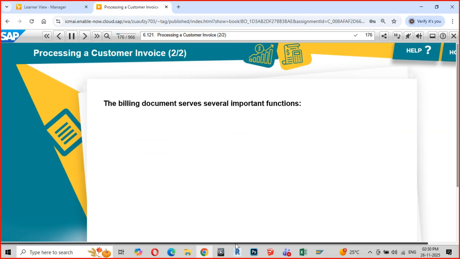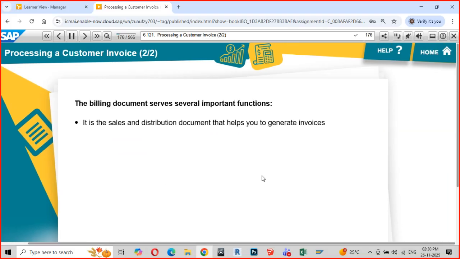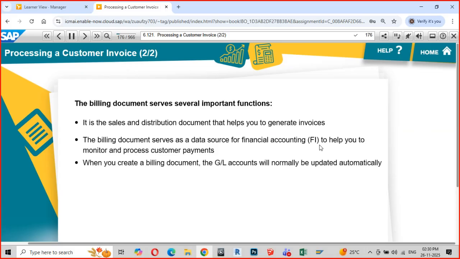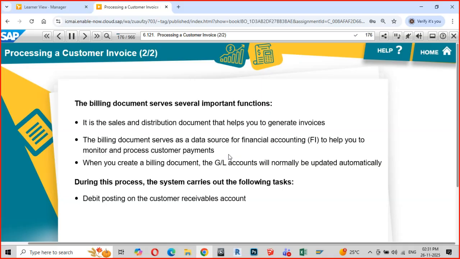Processing a customer invoice. So we had the KZ document. So the billing document serves as data for financial accounting to help you monitor the customer receipts. Okay. So we saw that process of balance confirmations, your aging analysis.